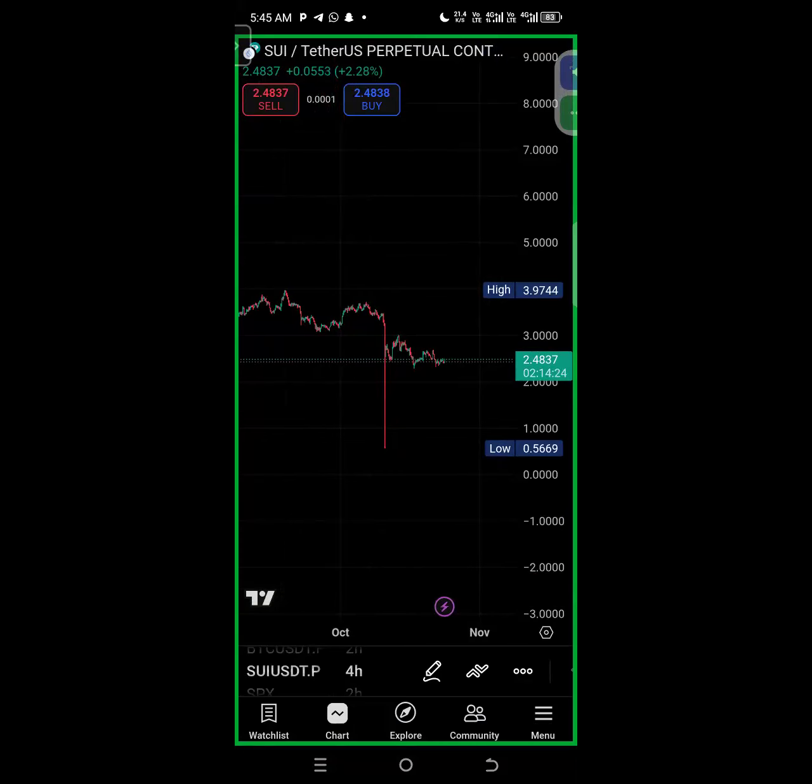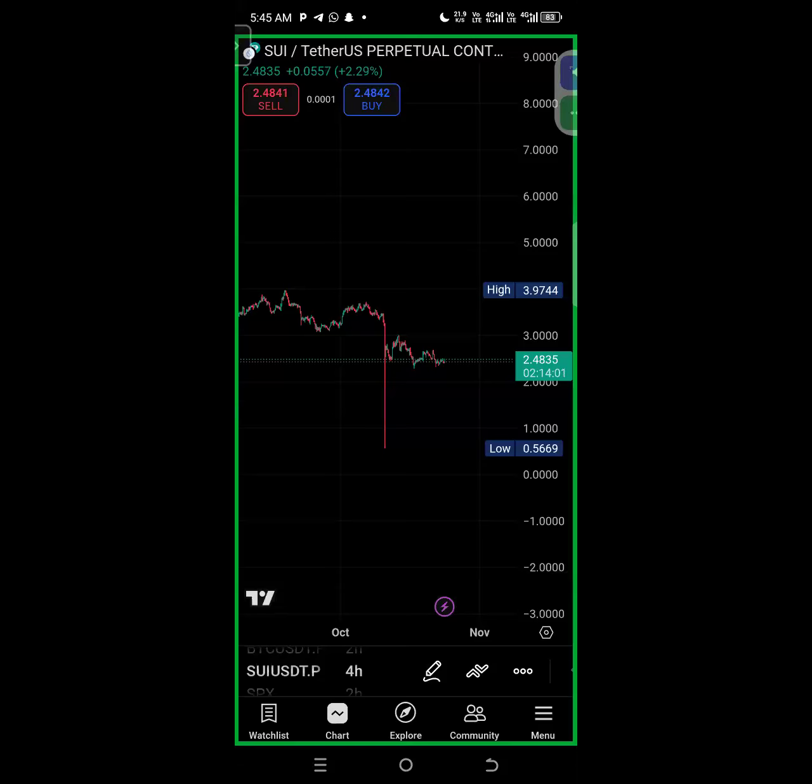When it comes to support and resistance, we said the resistance is the ceiling zone. It simply means price couldn't continue further. Okay, price couldn't continue further.